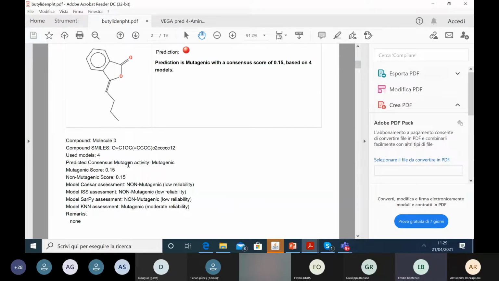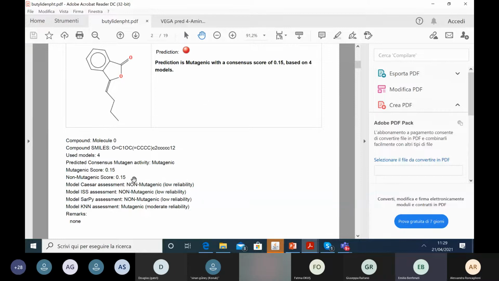The consensus model basically integrates the results of 4 other models. We have one model, Caesar, ESS, SARPI, KNN, stating something we will analyze. And so we have one point which is the prediction, mutagenic or not.